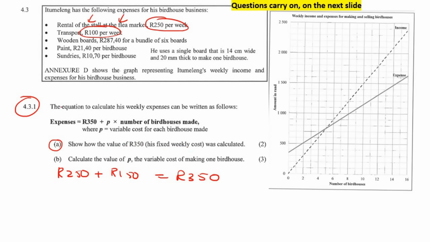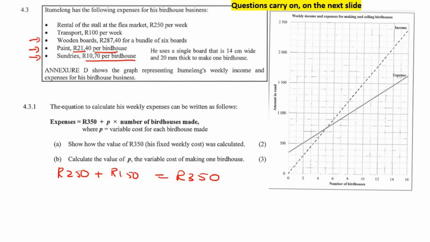The next one: calculate the value of P, which is the variable cost to make 1 birdhouse. To make a birdhouse, he needs paint, and he needs some sundries, which are extras, at 10 Rand 70 per birdhouse. He also needs wood, but here we have to be careful.